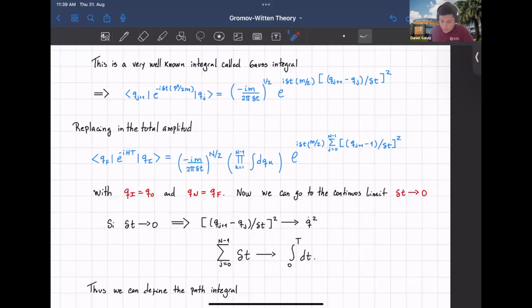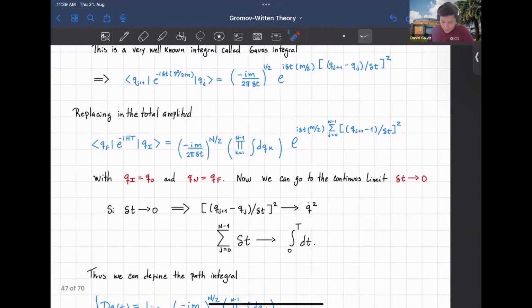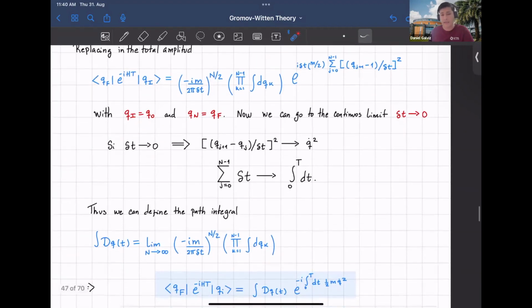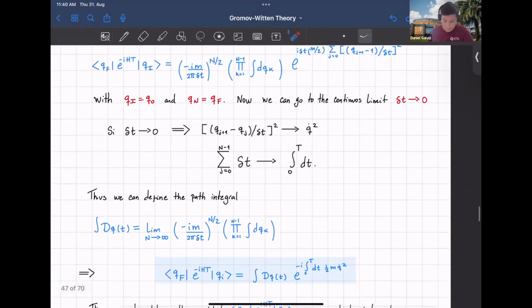So this q dot is the derivative of q in time. And then the summation over delta t is just the integral in the continuous limit. So we are going from something that is not continuous to continuous. It's exactly how you do calculus.